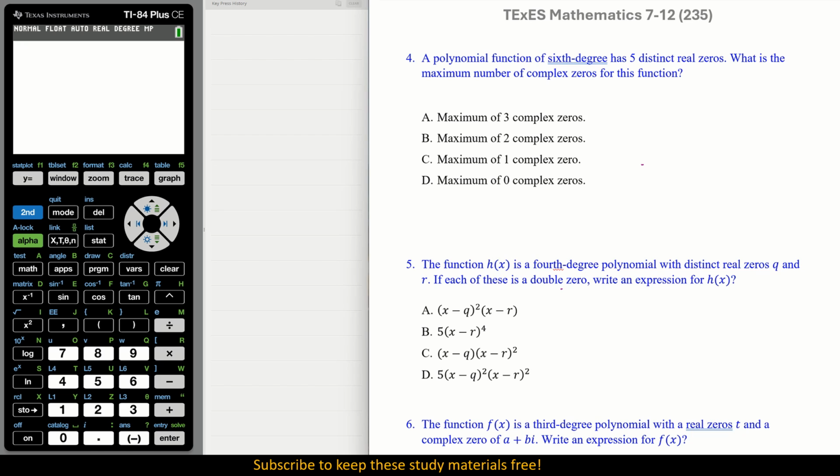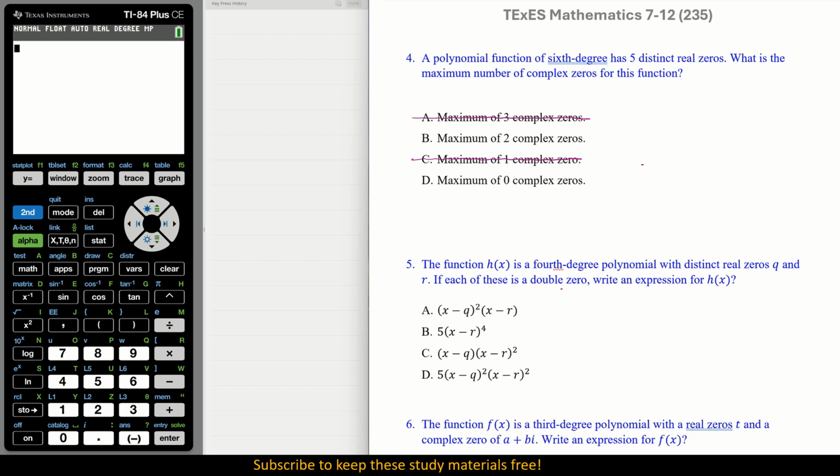Our options are 0, meaning no complex and all real. So it's got to be 0, 2, 4, 6, 8, and so on. This means that option A is not valid for complex zeros, and C is not valid.